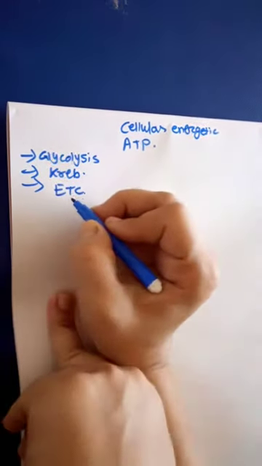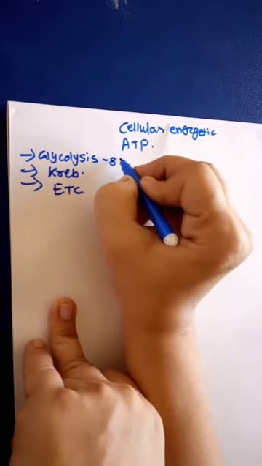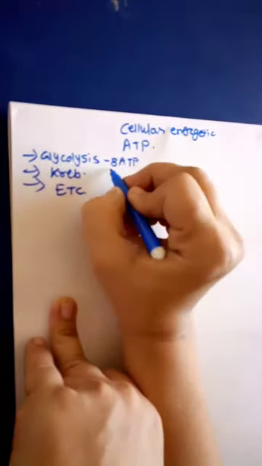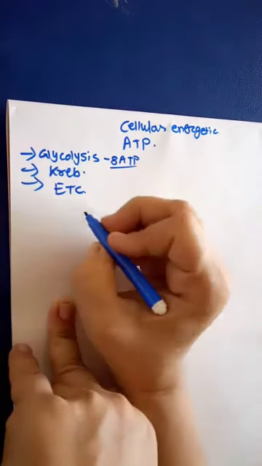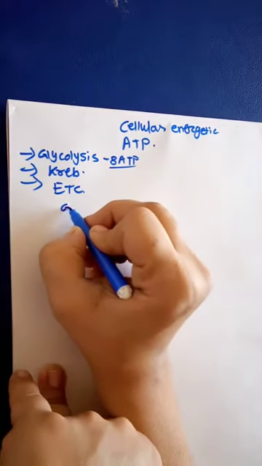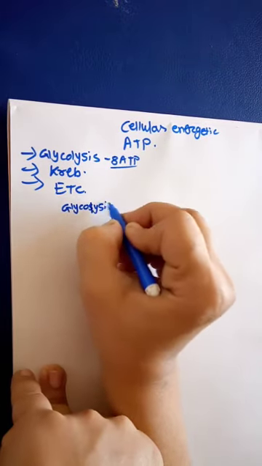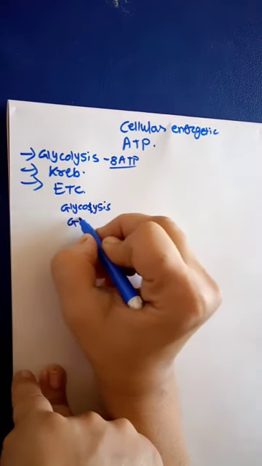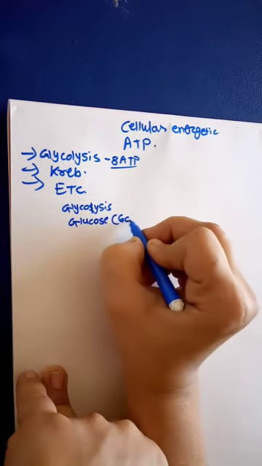Okay, in my previous video we discussed that 8 ATP molecules are produced during one cycle of glycolysis. We will see that step briefly here. Glycolysis starts with one molecule of glucose, which is a 6 carbon compound.